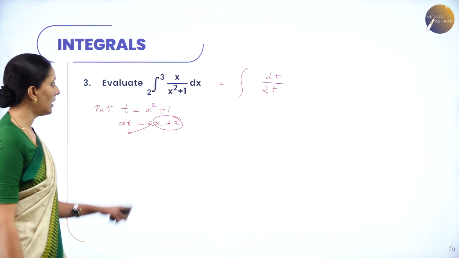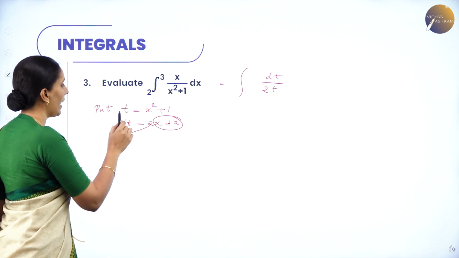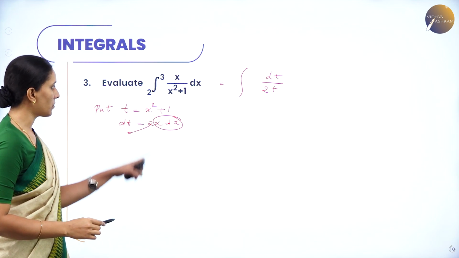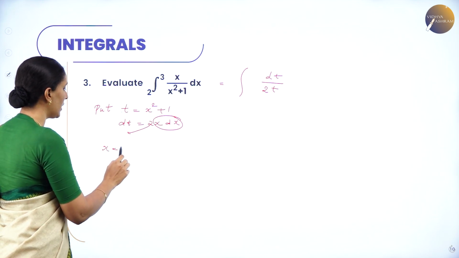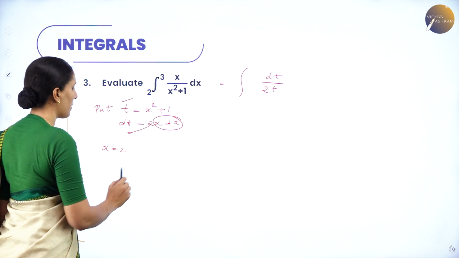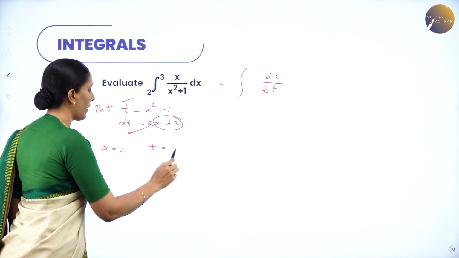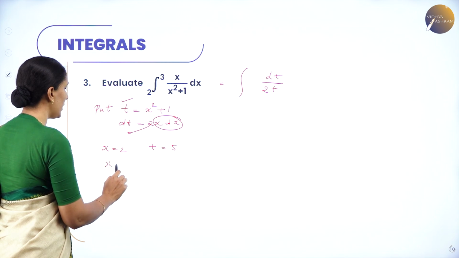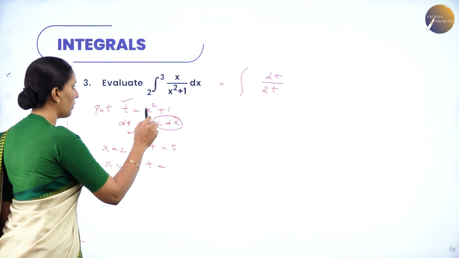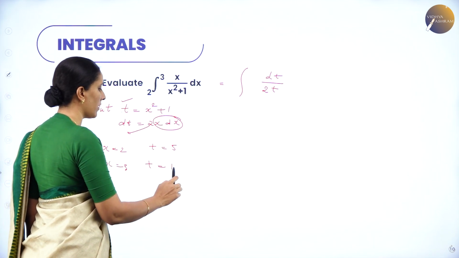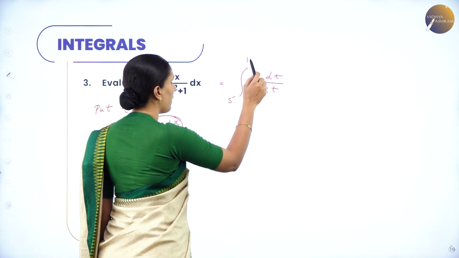And we also have the limits here. So when we have taken t is equal to x square plus 1, if x is equal to 2 here, then t is 2 square plus 1. So t is equal to 5. And when x is equal to 3 here, then t is equal to 3 square plus 1, which is 10. So the limits change from 5 to 10.